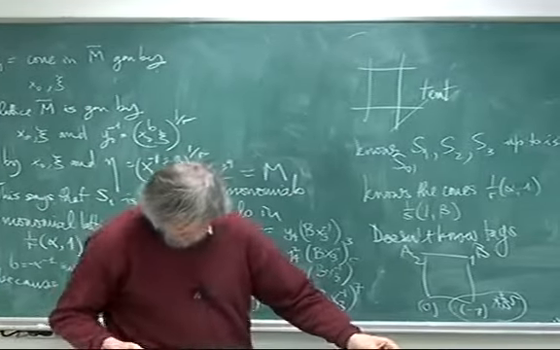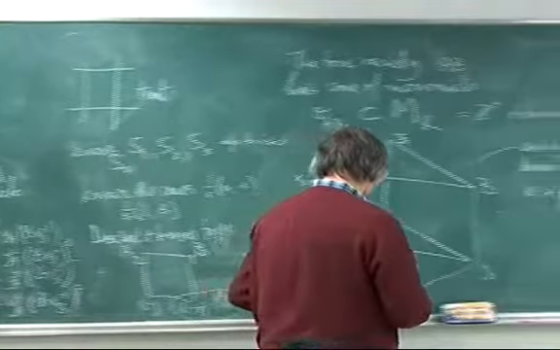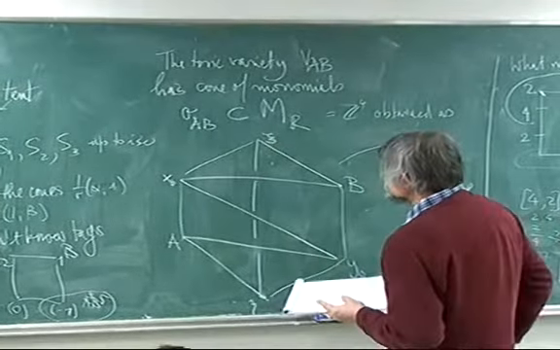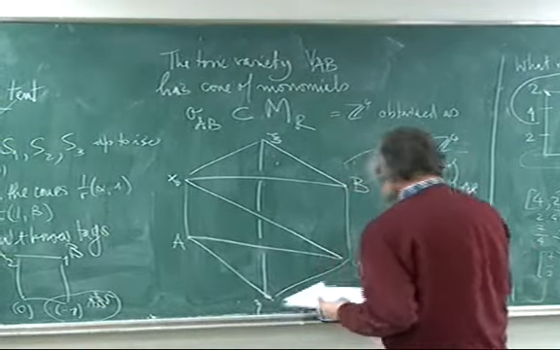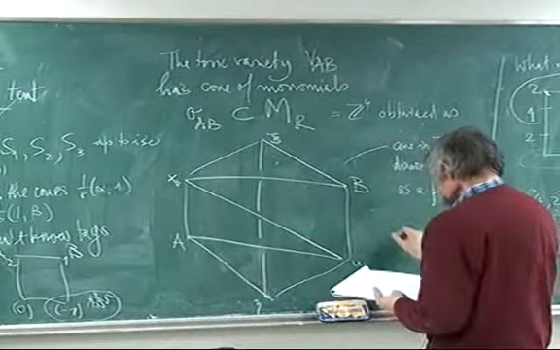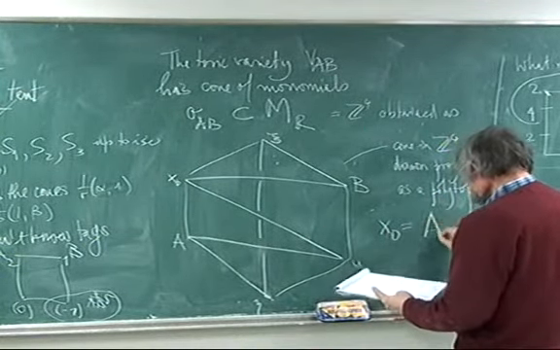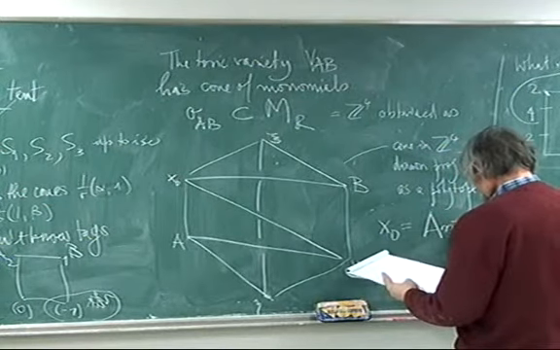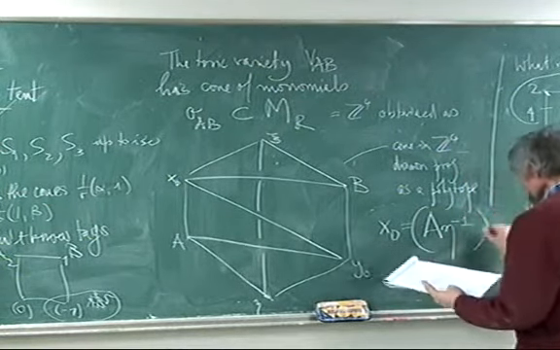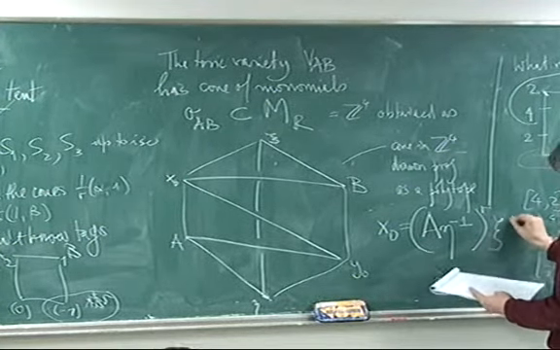I'm sorry, I have to put in a power of A and B there. So x naught is A eta to the minus 1 to the power of r. These are the same formulas I had before, times psi to the A.